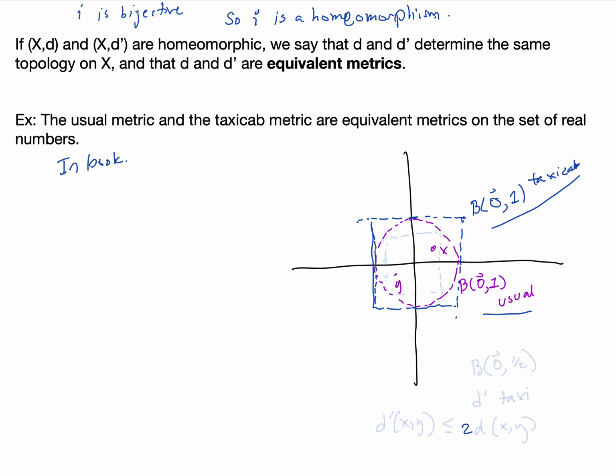But if we did the ball centered at 0 of radius 1/2 in the taxicab metric, that would be a little square inscribed in this circle, right? Our book describes this a little more precisely. If d prime is taxicab, then d prime(x,y) is always going to be less than or equal to the distance between x and y in the usual metric times 2.